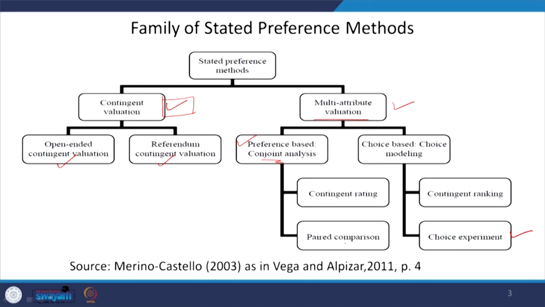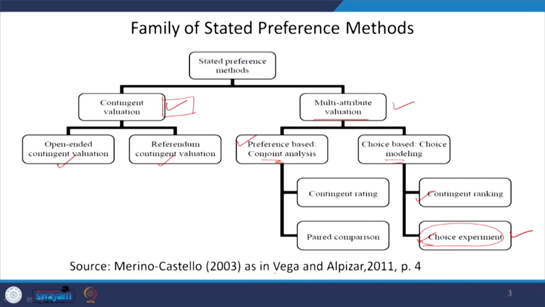Likewise, the choice based method can be of two types: one is contingent ranking and the second one is the choice experiment. However, we will be discussing the most common form of multi attribute valuations, that is the choice experiment method.